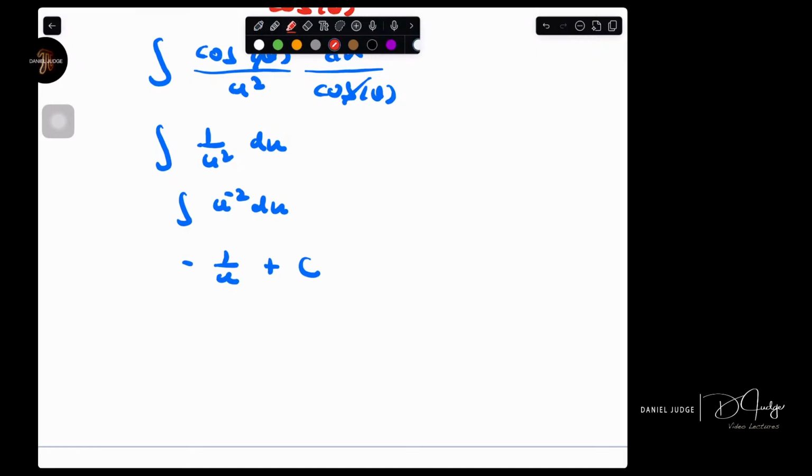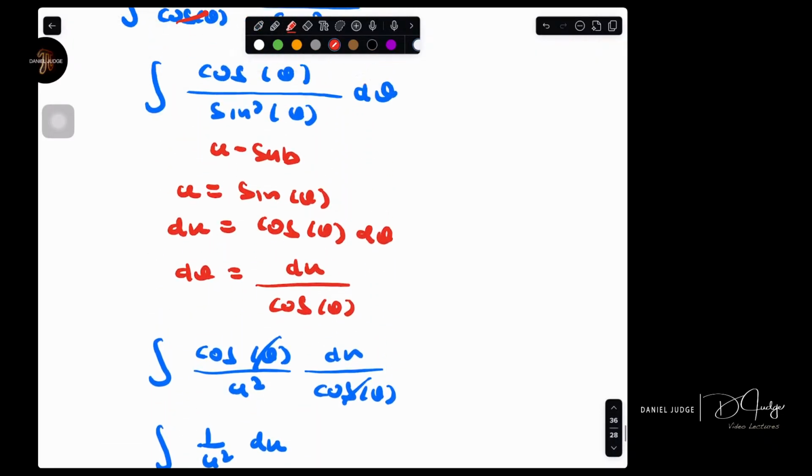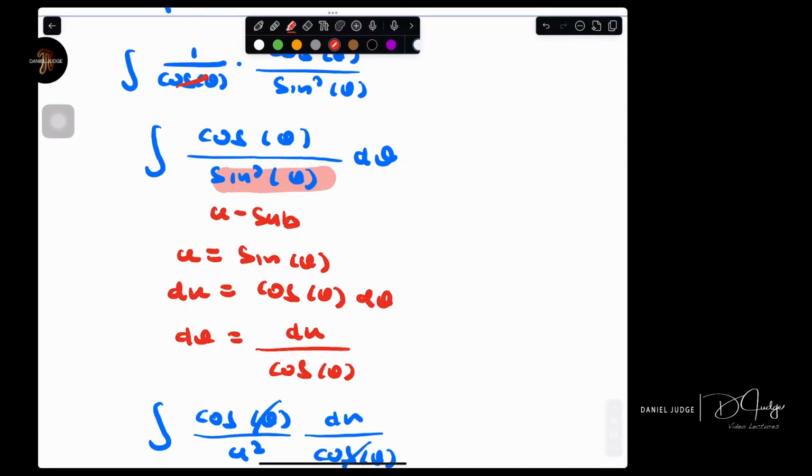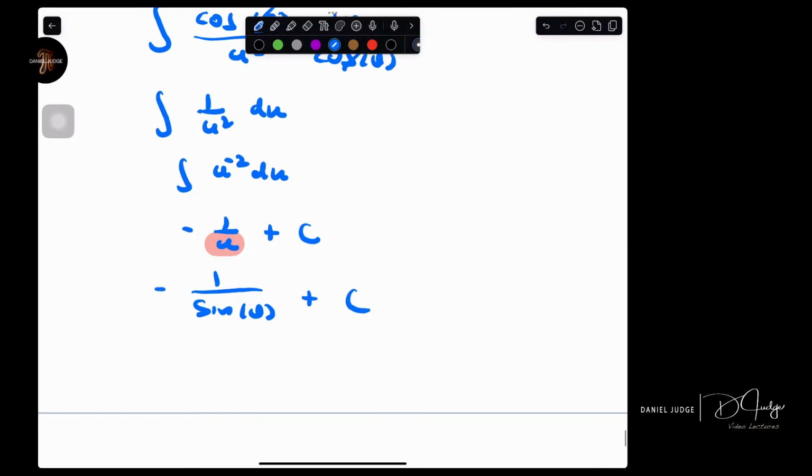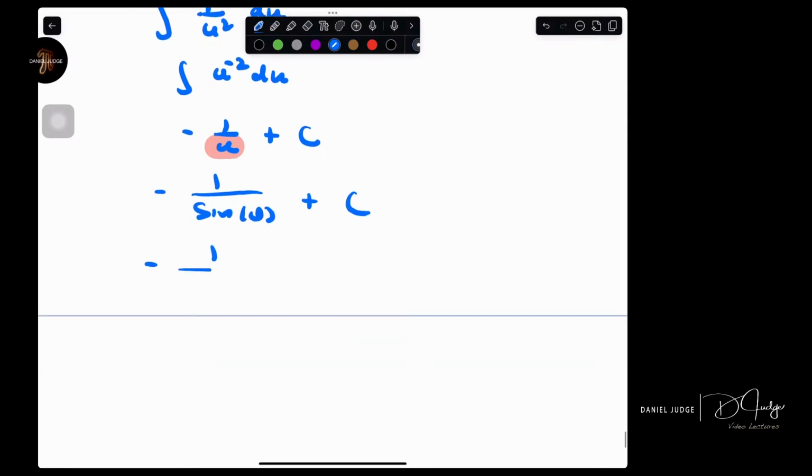But don't forget what u was, because this was u substitution. U is sine, not sine squared. So this is negative 1 over sine theta, which is negative cosecant theta, plus that c.